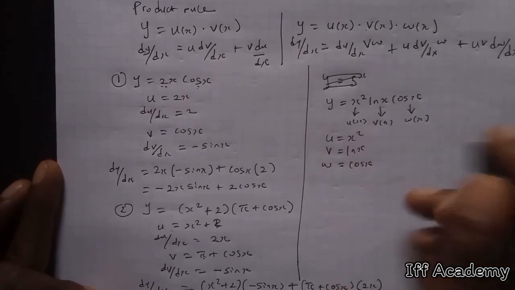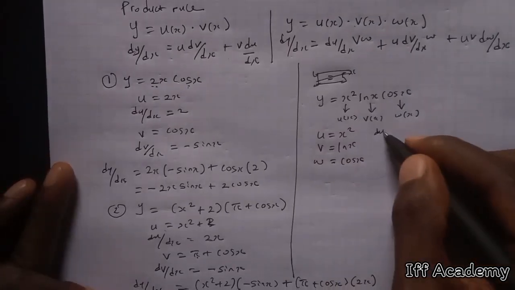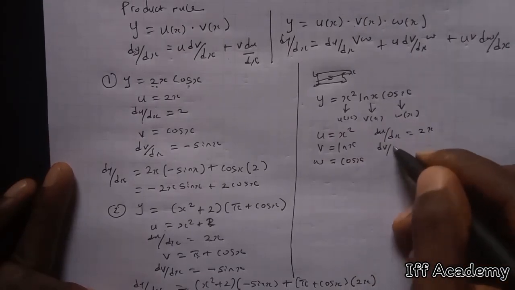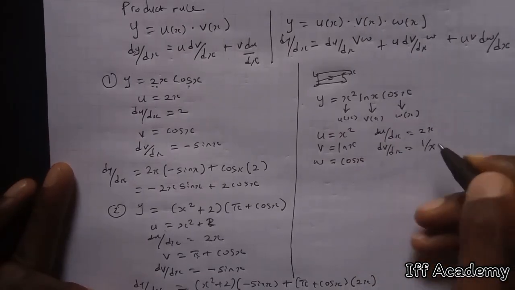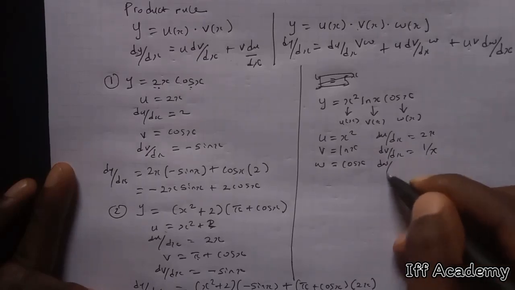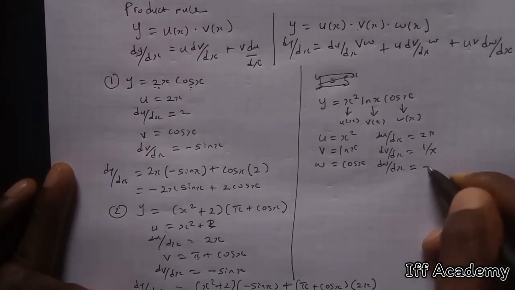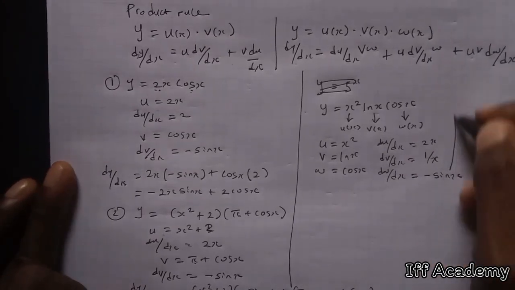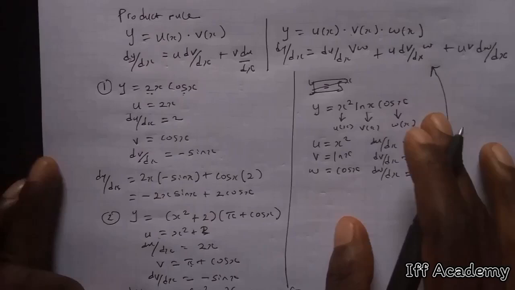So du over dx is 2x, dv over dx is 1 over x, and dw over dx is minus sine x. So all you do is simply substitute it into this formula.